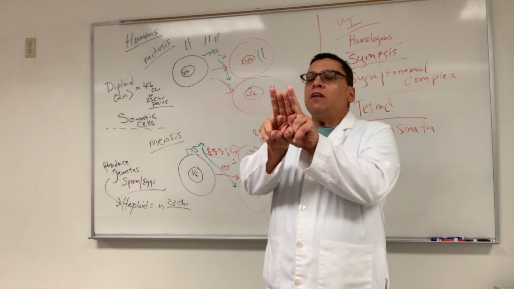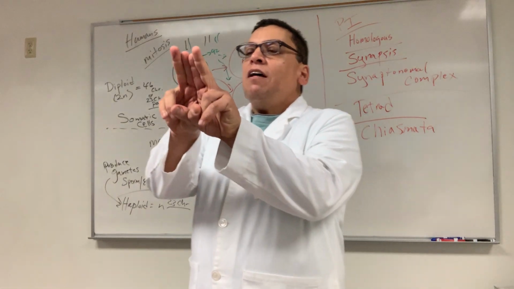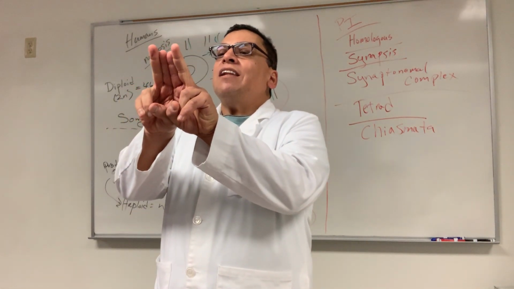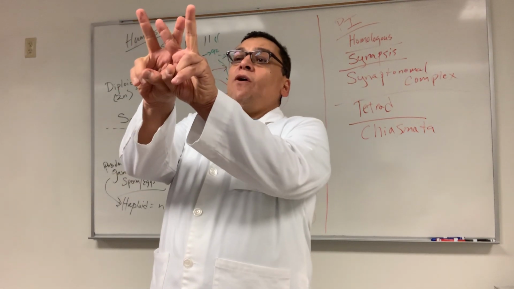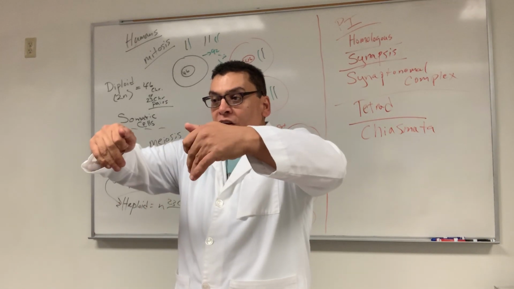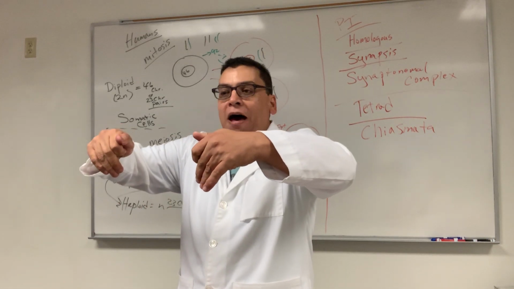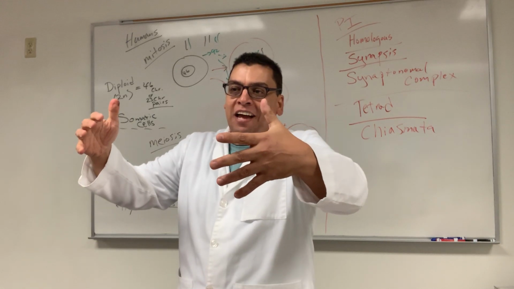The attachment point is called the synaptonemal complex, forming a tetrad. The non-sister chromatids on the inside will form a chiasmata. At this point, that's when the blackjack dealer is holding the cards like this, and he's about to let them go. He's about to shuffle the deck.